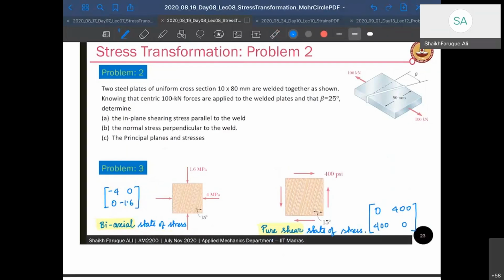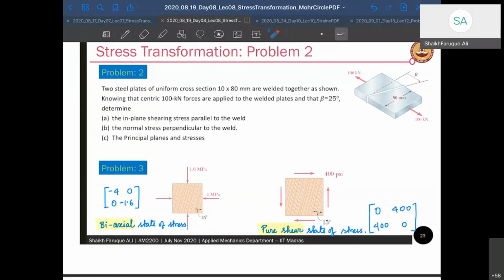This problem also you can solve. Problem 2, I'm not telling you to solve now. You can solve it at your leisure. So there are two steel plates which are joined by a weld. The weld makes an angle beta. The loads are given, 100 kilonewton on both sides. The width is given as 80 mm and the thickness is given as 10 mm.